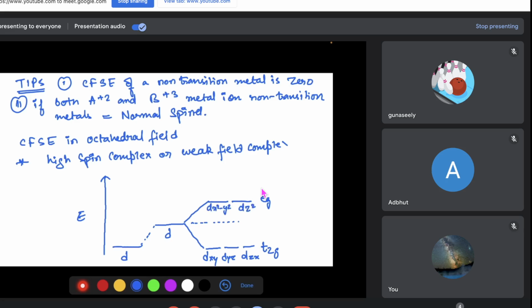Okay, and the energy is minus 0.4 del naught, and this is plus 0.6 del naught.